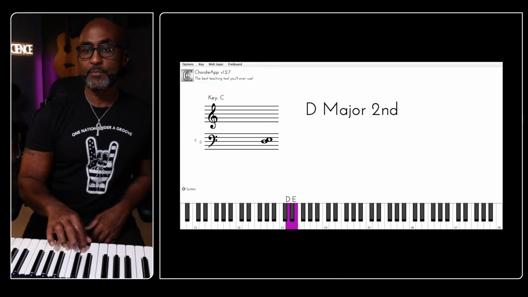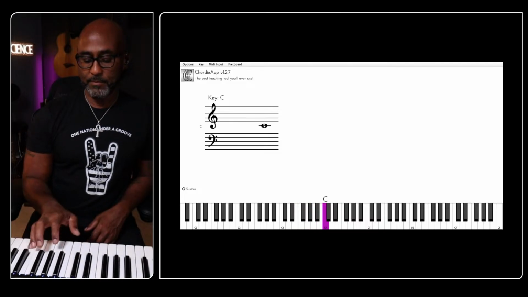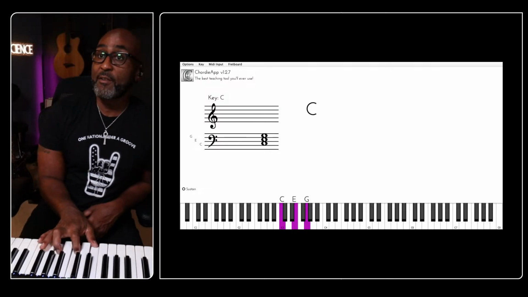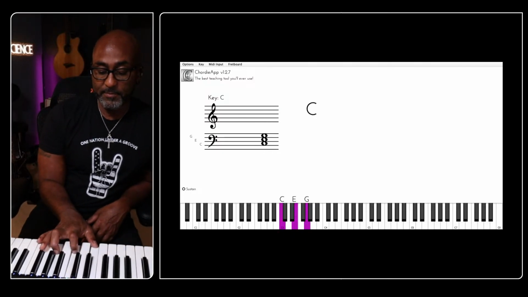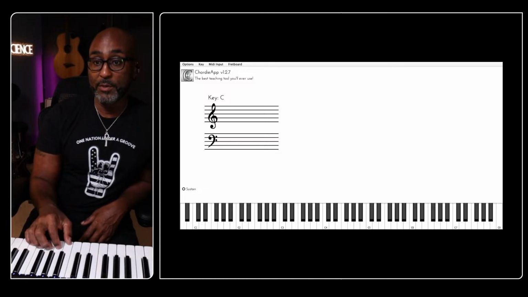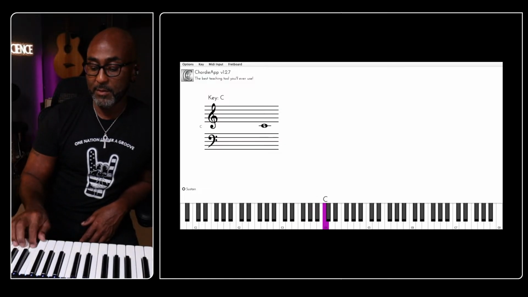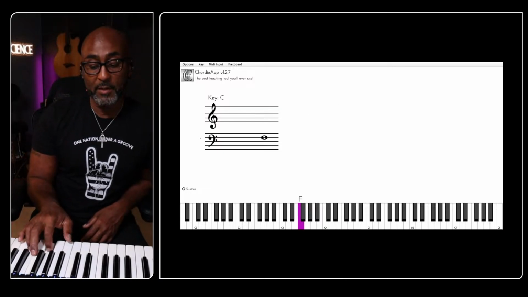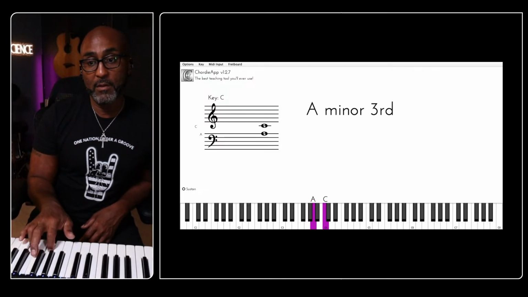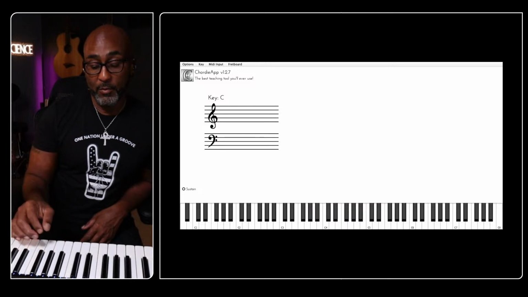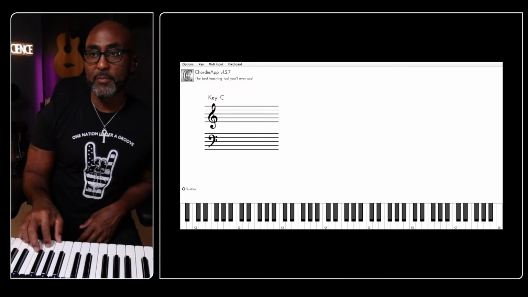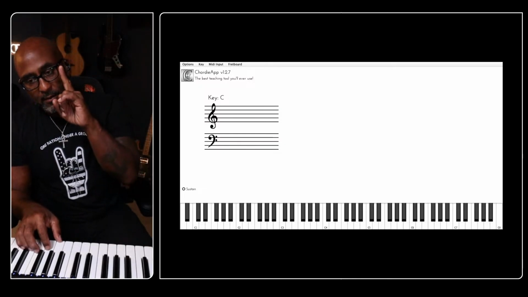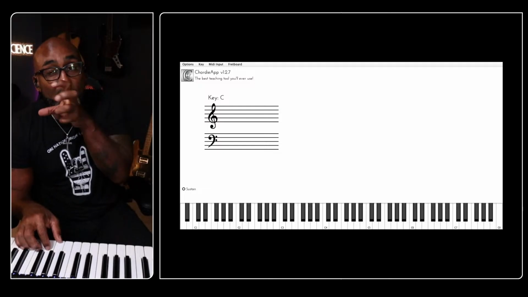So there's our C major. Let's go to Lydian mode. Now we're going to go to Mixolydian, but with Mixolydian, this is going to have a little bit of a different character.